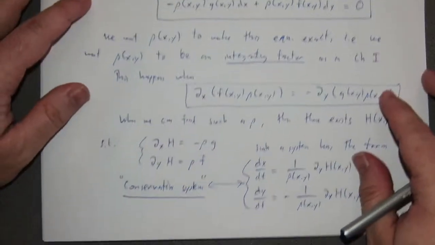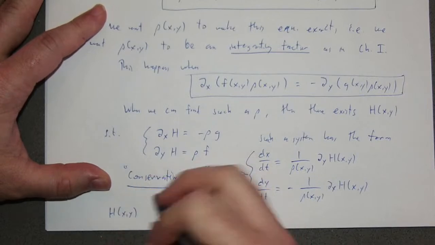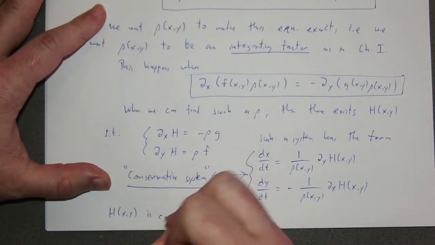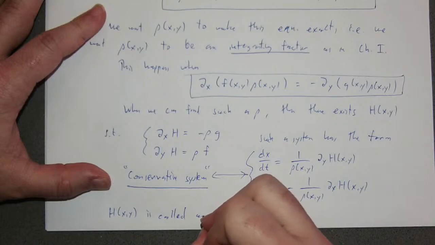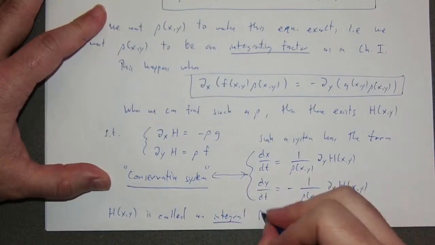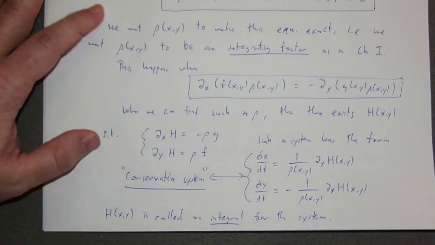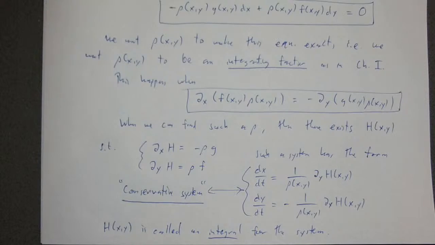In this setting, this h of xy is not called a Hamiltonian for the system. H of xy is called an integral for the system. And of course, an implicit general solution is again given by h being constant.